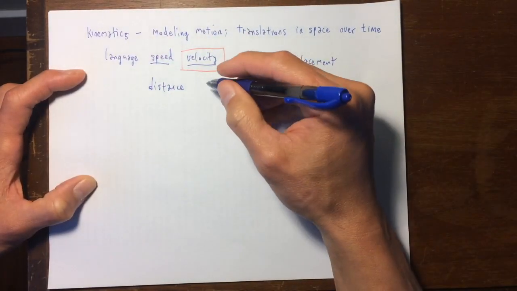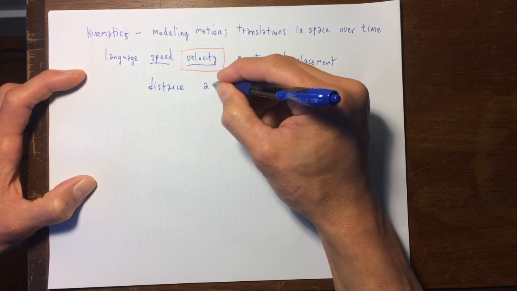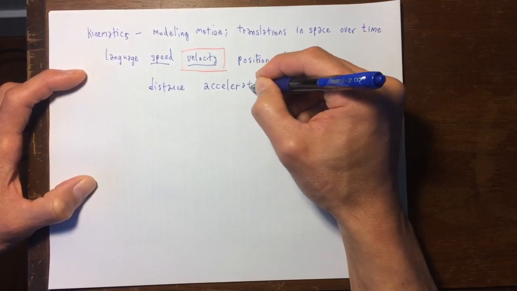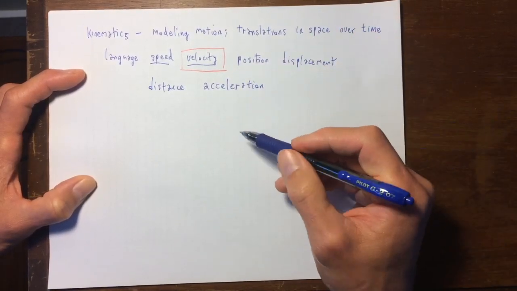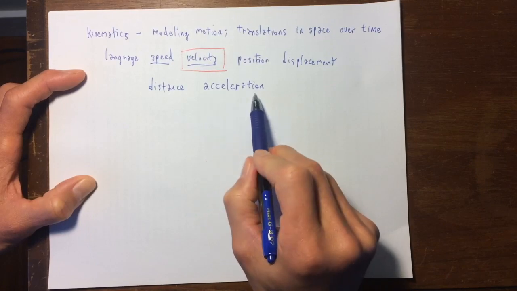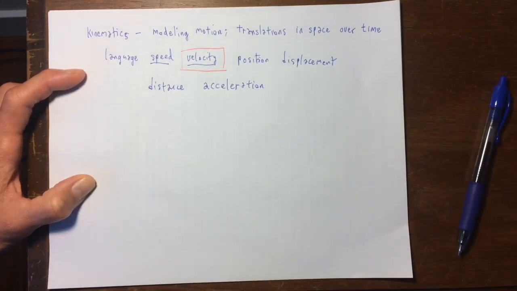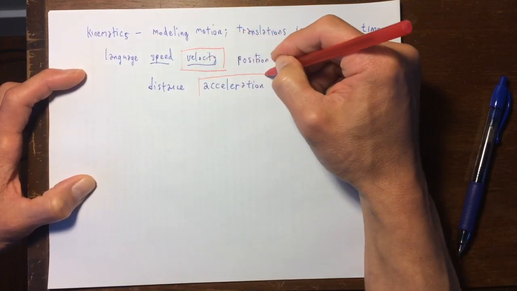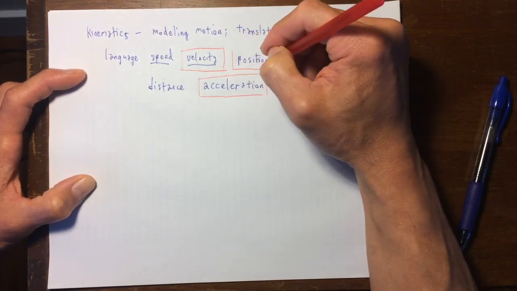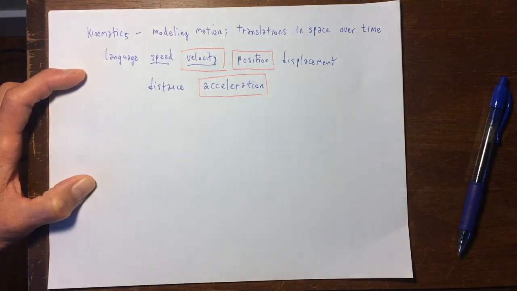And then a big deal word, especially for Newton's laws of motion, because Newton's laws of motion that you'll learn about later is all about the acceleration. So I'm going to put another box around this one, acceleration. And then another box, really, I should draw around position.